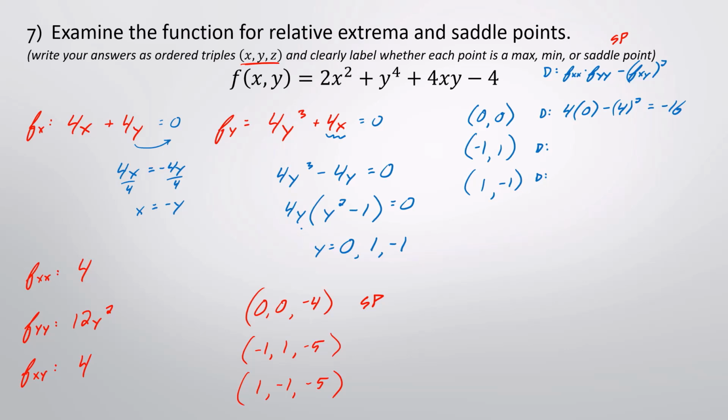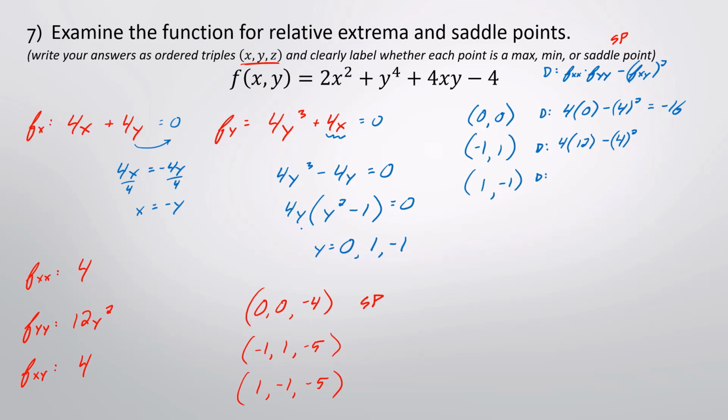So let's go ahead and just plug them in. fxx is still going to stay at 4 for this one. Plug in -1, 1 to fyy. Well, fyy is 12y squared, so 1 squared is 1, times 12 would be 12. Minus the fxy, that's 4 again, squared, so it looks like I've got 48.